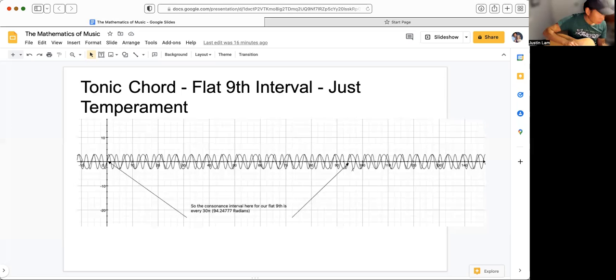And in fact, if I were to plot out just what that dissonance actually might look like or be described mathematically, the consonance interval here, what I call the consonance interval, when the waves of sound between this note and the flat ninth interval above actually begin to realign, is actually every 30 pi.